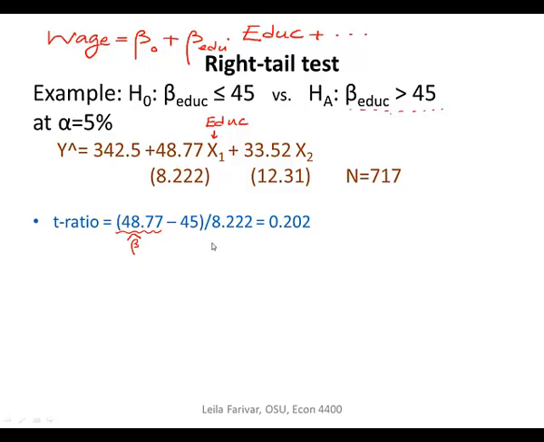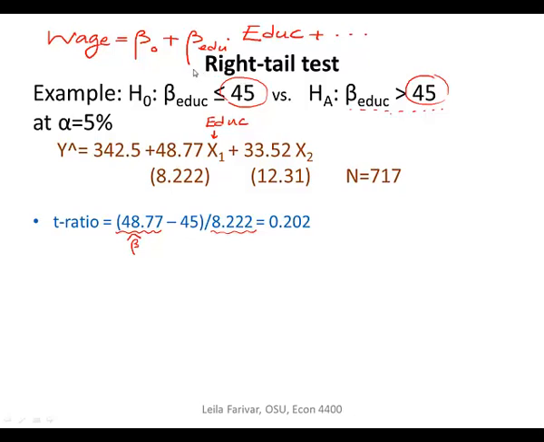So this is the beta hat. 45 is the hypothesized value, the value that we used in our H-null and H-alternative. And the standard error of beta hat for us is 8.222. If you calculate this ratio, this will be approximately 0.202. So I have the t-ratio. Always remember, the t-ratio is essential to find the p-value for a test.